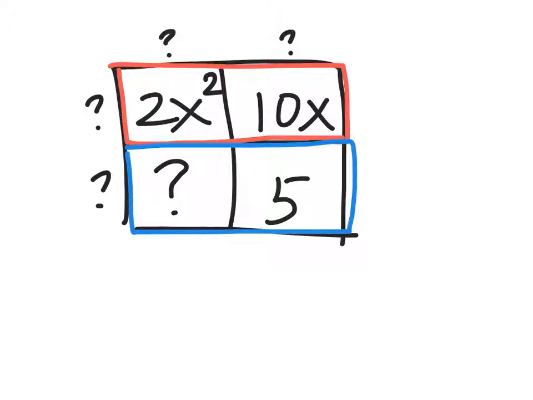On the top, between 2x squared and 10x, what is it that they have in common? This red side that they share, what is it they have in common? Or what is their greatest common factor? Well, I know that 2 is the greatest common factor between 2 and 10, and x is the common factor between x squared and x. So if that's 2x for their greatest common factor, then this length must be x.